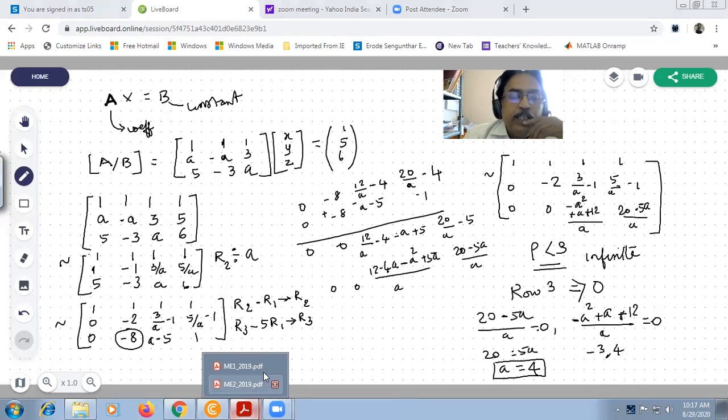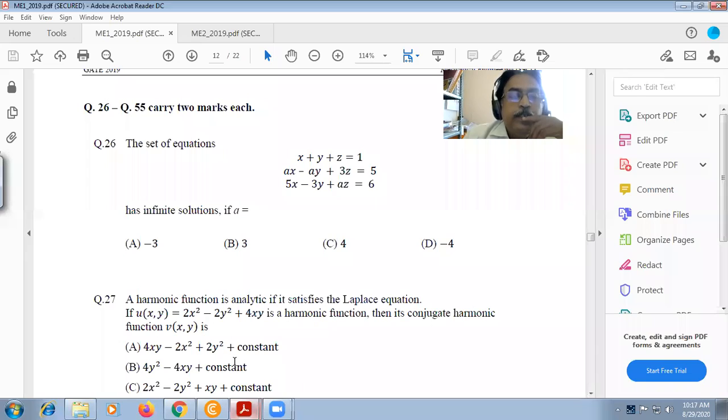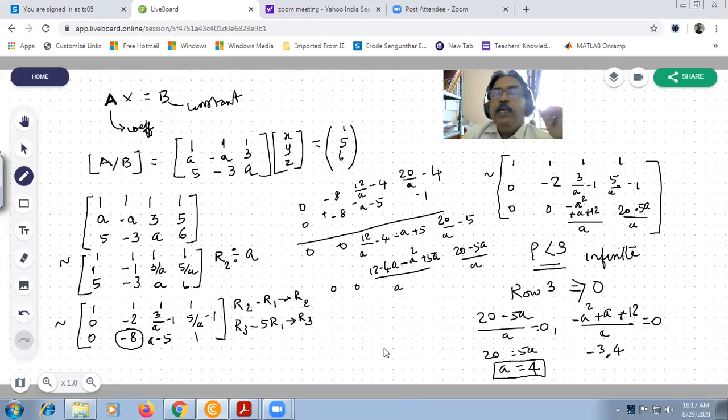So what is the answer asked here? What is the answer? C. A is equal to 4 is the answer. So infinite number of solution, unique solution. We discussed the unique solution also. When we have a unique solution, rank should be equal to 3, which is equal to number of unknowns.